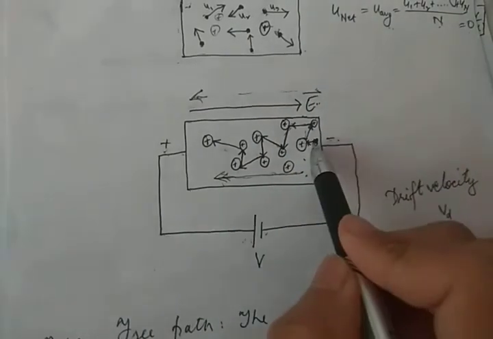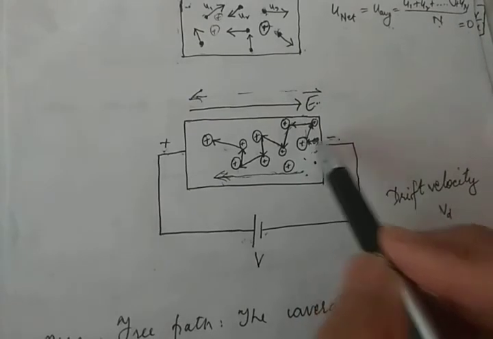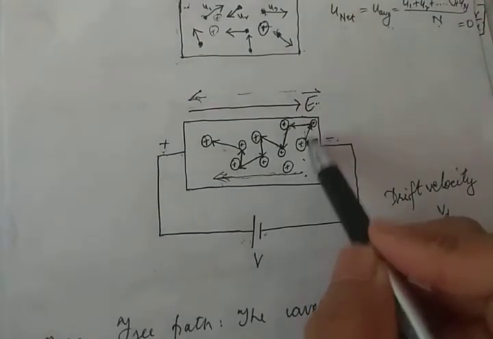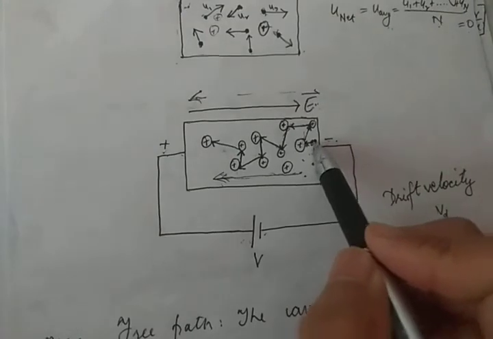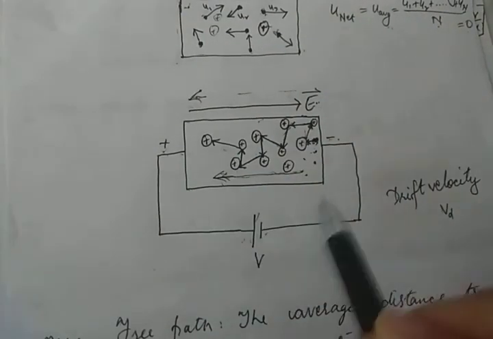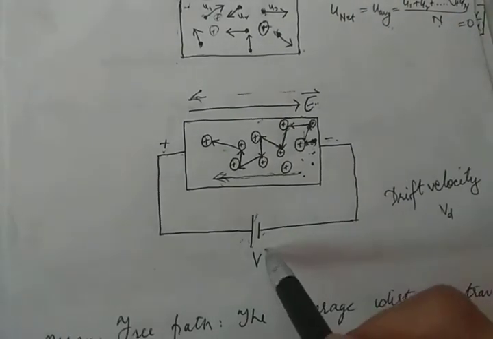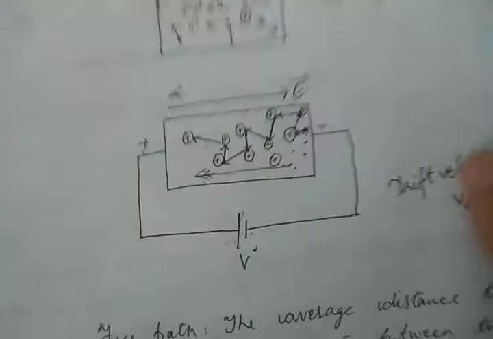Therefore the average of the velocities with which the electrons move inside the conductor under the influence of an external electric field, or potential difference, is what is called drift velocity, and that is exactly what I've written here.